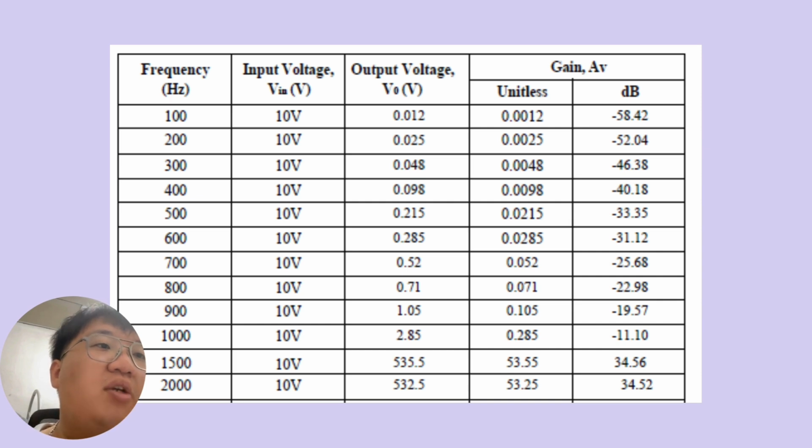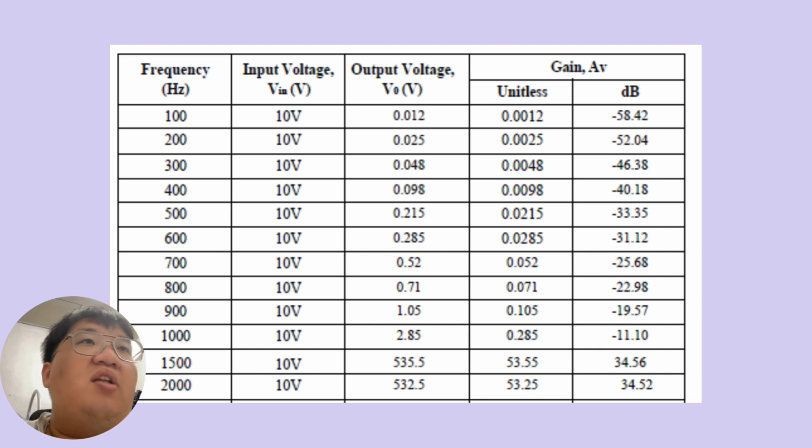So how do we get the gain? If you want the unitless gain, the formula is AV equal to voltage output divided by voltage input. After we apply the formula, we get a value of around 0.0012.